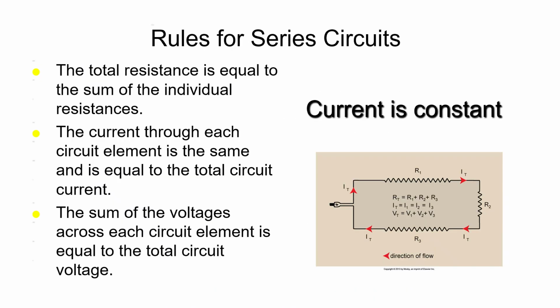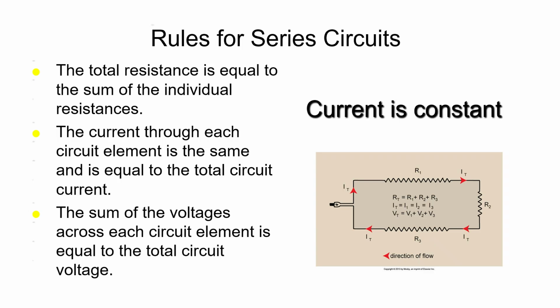So for series circuits, the total resistance is equal to the sum of the individual resistances. That makes sense. The electrons have to go through all 3 resistors, so it's like they're going through one big resistor, the magnitude of which is all 3 of those resistors. The current through each circuit element is the same and is equal to the total current.